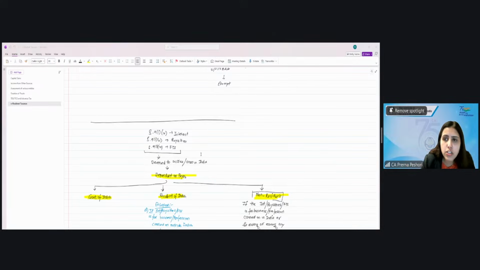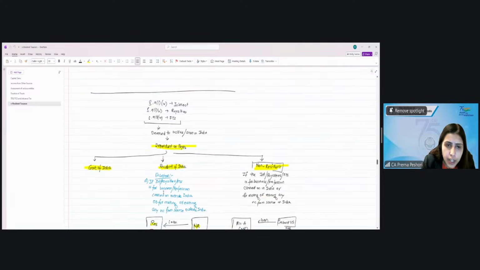The interest shall be deemed to accrue or arise in India if it is payable by the government of India or by a resident of India, except if the interest is payable in respect of any loan taken or money borrowed for carrying out the business outside India or for making or earning any income from a source outside India.